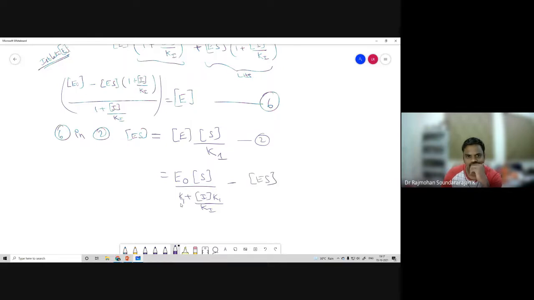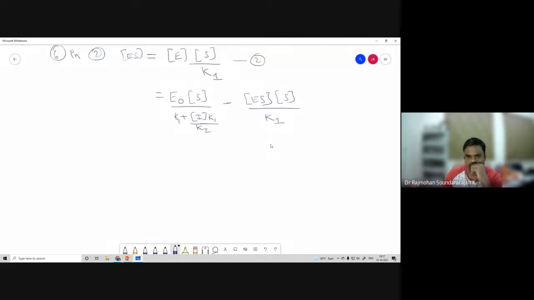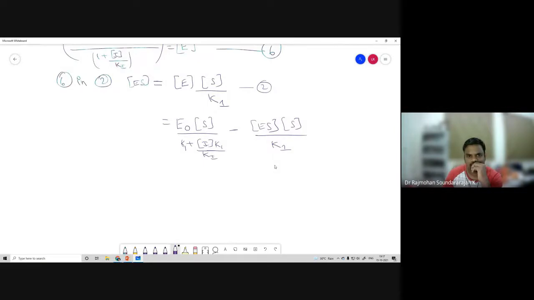ES into S divided by Ki. How? Because this 1 plus I by Ki will get cancelled in this term. When you are separating it into two terms, then you have S by Ki coming into the picture. So it is only ES there. Okay. So now we have this equation. You can take it to the left hand side, because the left hand side is ES.